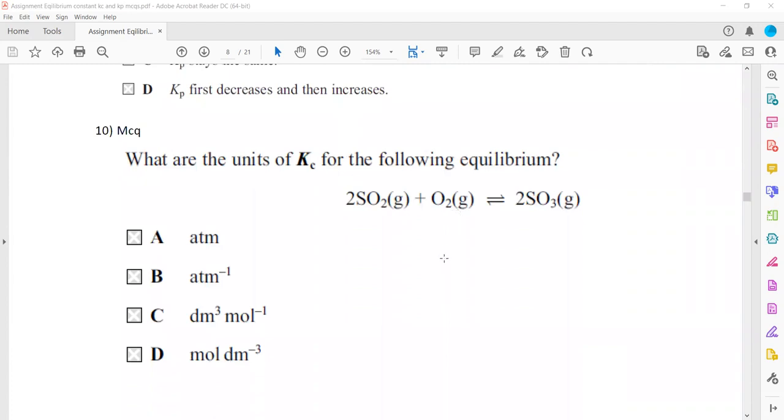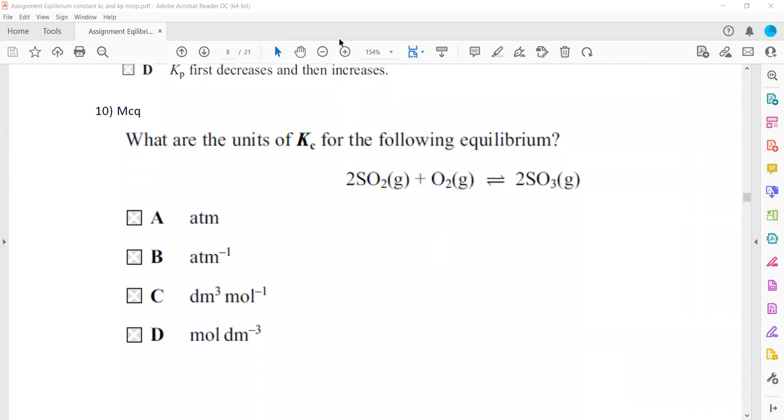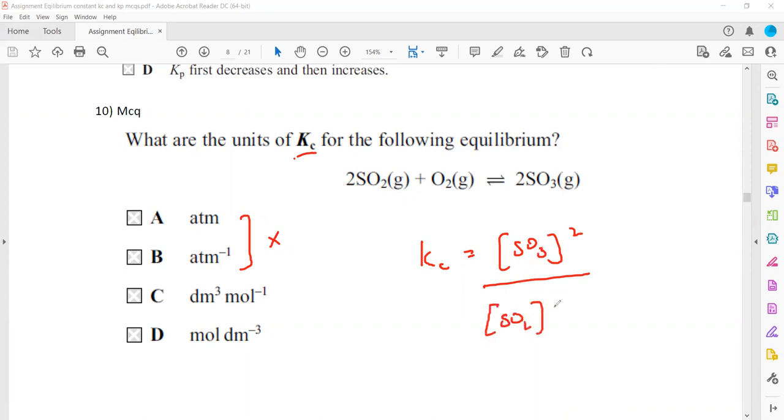What are the units for Kc for the following? They are asking for Kc, not Kp, so A and B cannot be the answer. When we write the expression for Kc, for the sulfur trioxide concentration, you should use square brackets because we represent concentration by square brackets. This will be mole per dm cube squared.